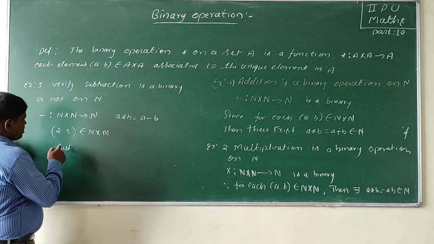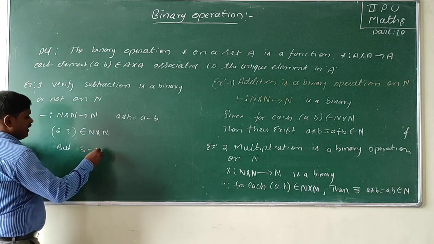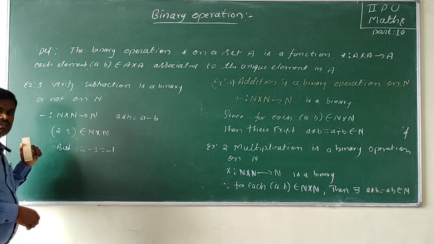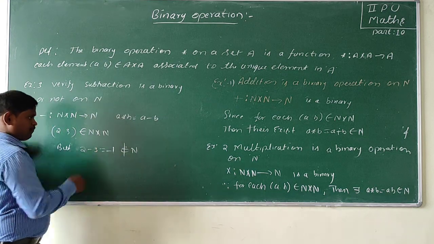So 2 minus 3 becomes minus 1, but this does not belong to natural numbers.